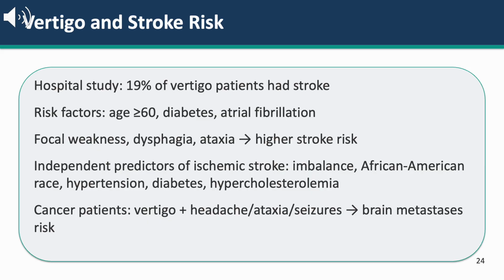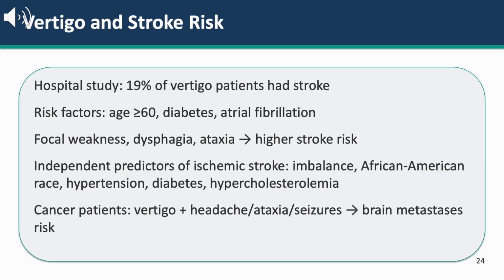In a large study of nearly 78,000 patients admitted after presenting with dizziness, vertigo, or imbalance, independent predictors of acute ischemic stroke included an admission presentation of imbalance, African American race, history of hypertension, diabetes mellitus, hypercholesterolemia, tobacco use, atrial fibrillation, and prior stroke.